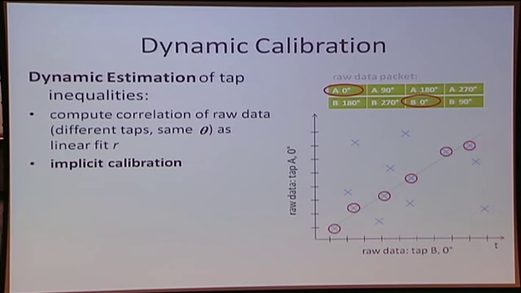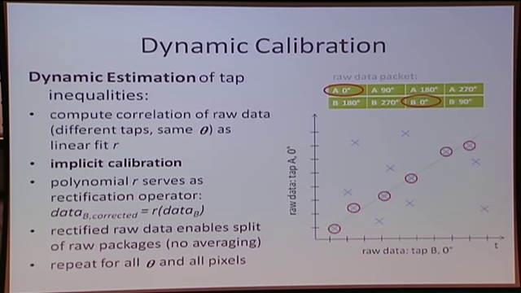So this is an implicit calibration which enables to rectify the data acquired with one of the taps.